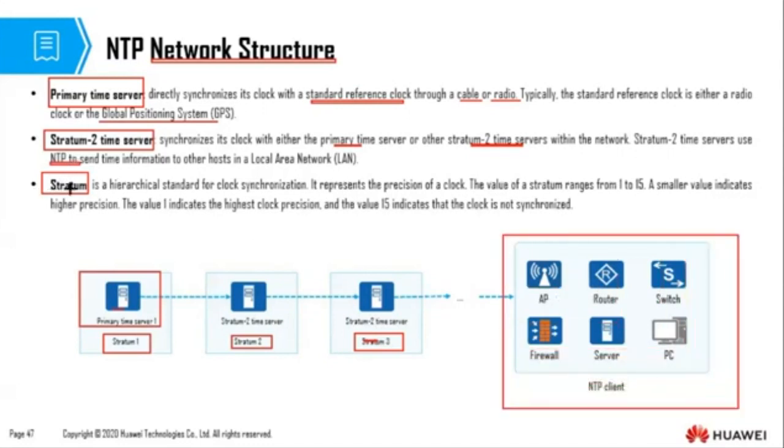That's what we call a stratum: a hierarchical standard for clock synchronization. It represents the precision of a clock. The value of a stratum ranges from 1 to 15. A smaller value indicates higher precision. So the value 1 indicates the highest clock precision, and the value 15 indicates the clock is not synchronized.